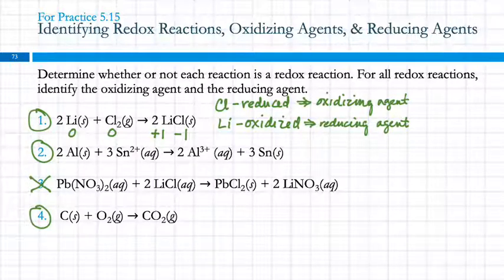Let's look at number 2. Oxidation state on aluminum, Al, 0. On Sn2+, +2. On Al3+, +3. And on Sn, 0.